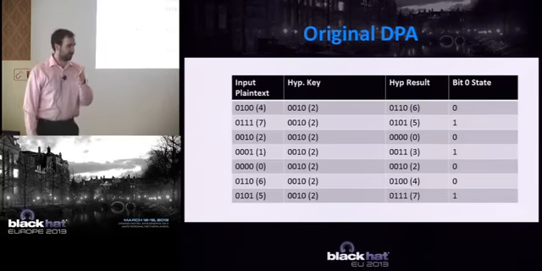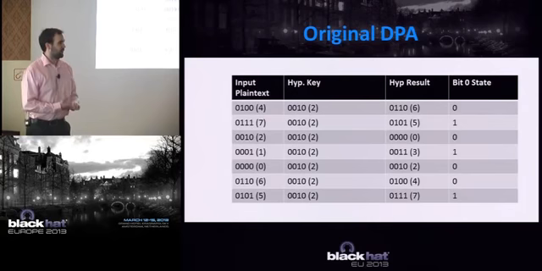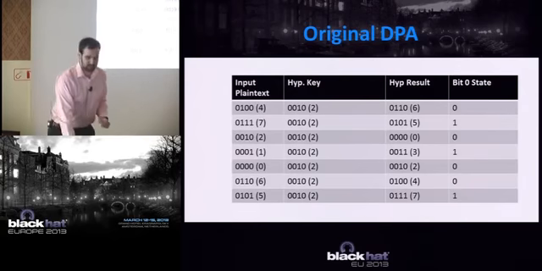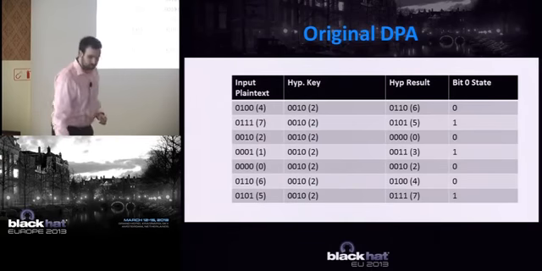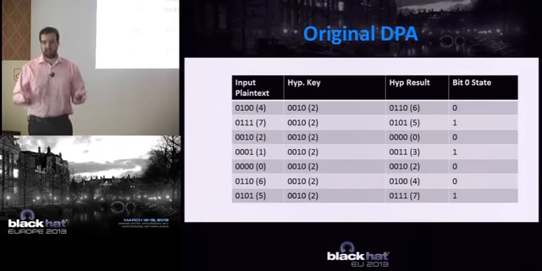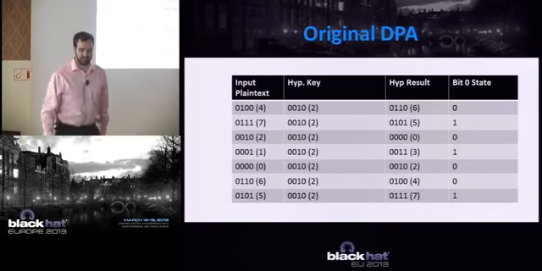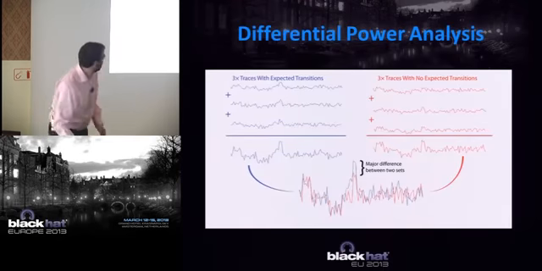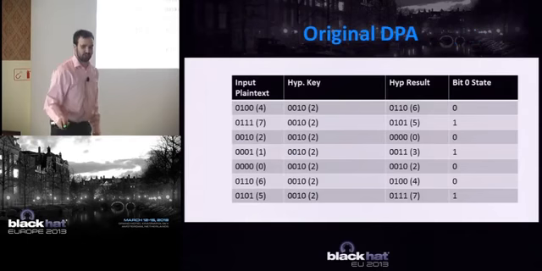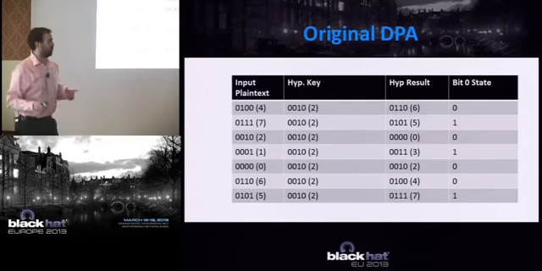I'm going to look at a single bit of that 4-bit bus and say, well, in this result, bit 0 was a 0. In this result, bit 0 was a 1, etc. And I'm going to do that again for all of the 16 possibilities that I think the key could be. What I'm going to do now is split up the power traces associated with each bit 0 and bit 1 state.